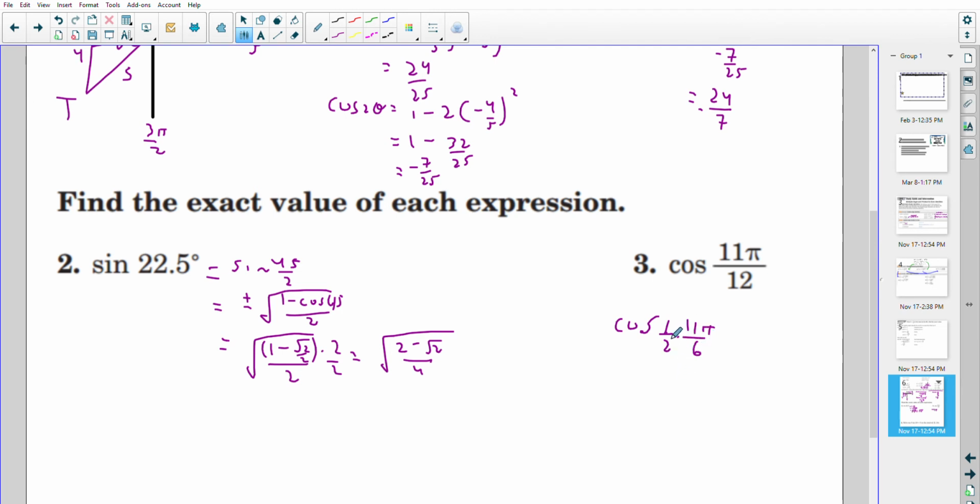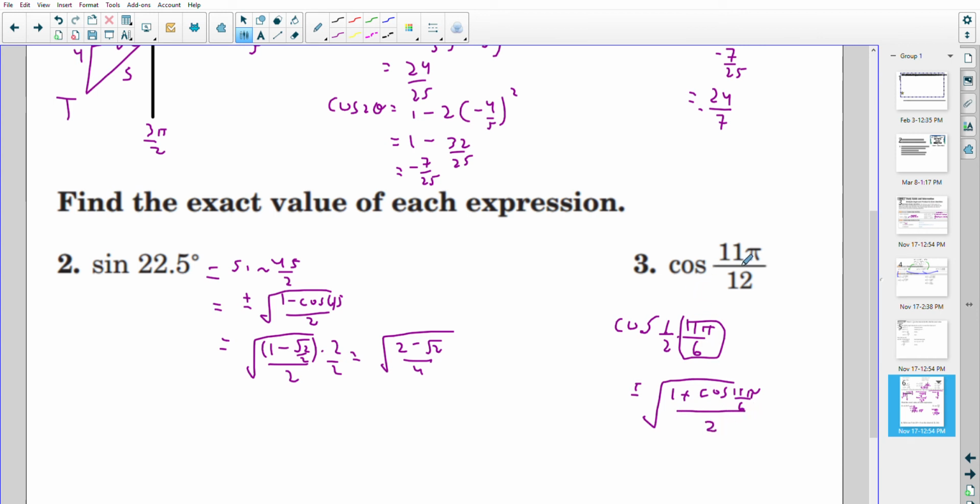So in this case, you're going to actually focus on your theta, which is this. And if I were to rewrite this, it would be equal to plus or minus the square root of 1 plus cosine of 11 pi over 6, all divided by 2.